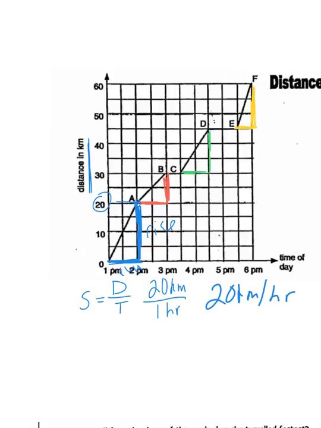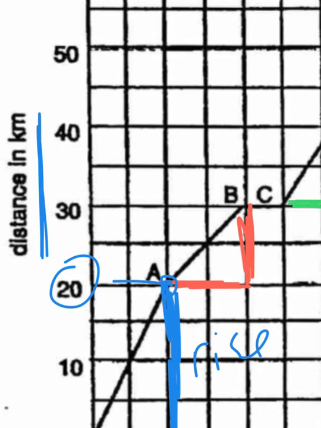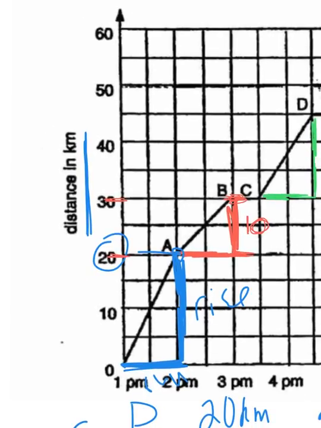Speed equals distance divided by time. I want to know the distance where the red line starts here and ends here. So we're going to look at it starting at the 20 and ending at the 30. So the distance between this part of the red line and up here is only 10. And if I look at how much time went by, remember each of these is a half an hour. It's between 2 p.m. and 3 p.m. Once again, it's 1 hour.